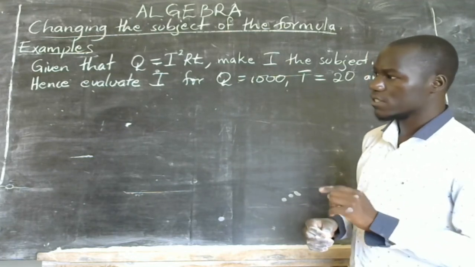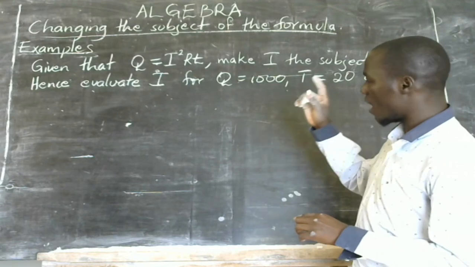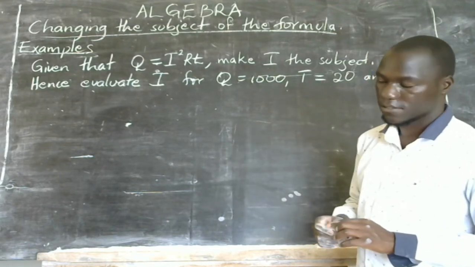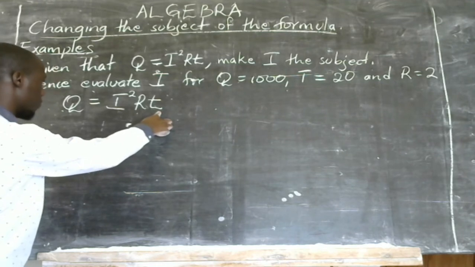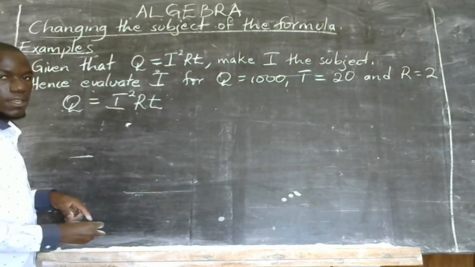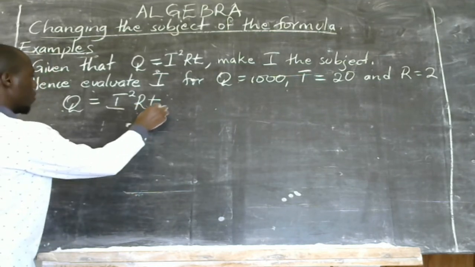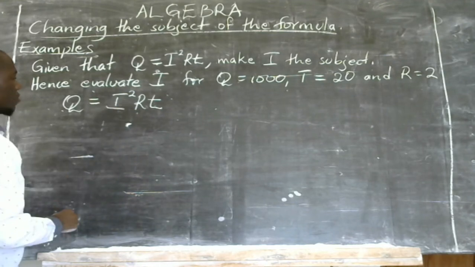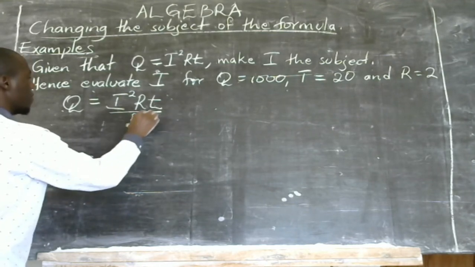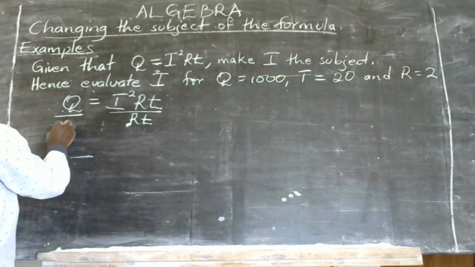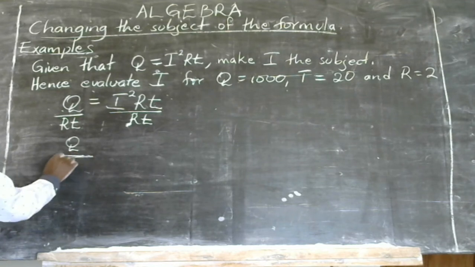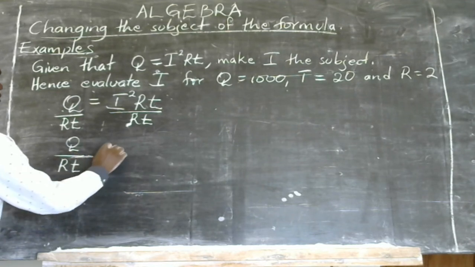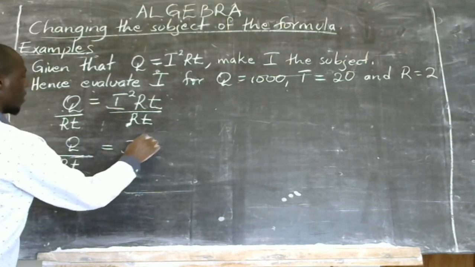The first one is to make I the subject. Q is equal to I squared times r times t. These two are multiplying the I squared, so I first divide them both sides. Then I'll be having q all over rt is equal to the I squared.